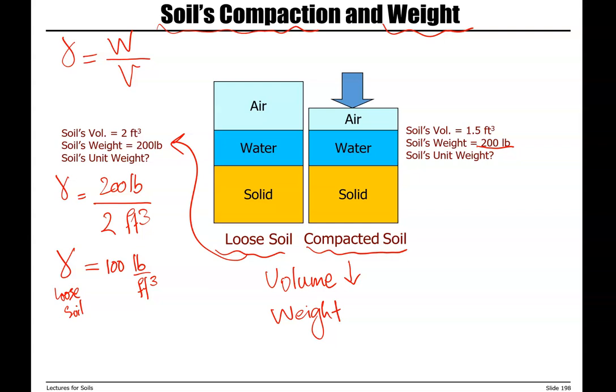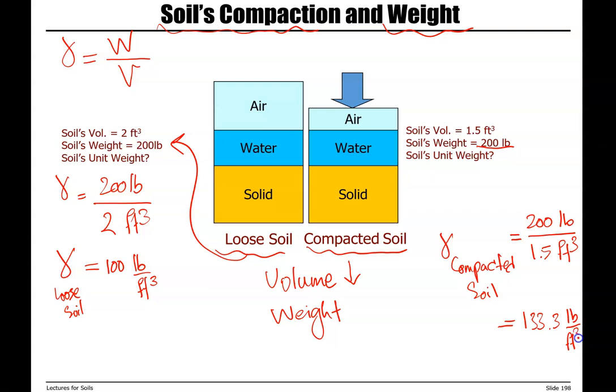So the unit weight of compacted soil is now equal to 200 pounds divided by the new volume, which is 1.5 cubic feet, and that gives us 133.3 pounds per cubic foot.